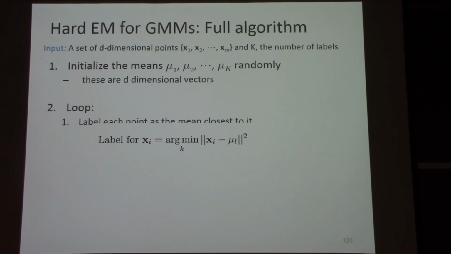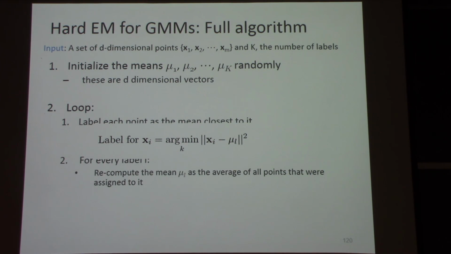For every point, it turns out if you actually do the hard EM, the label for the point is simply the identity of the cluster center that is closest to that point. Every point gets a certain label. And then you just iterate. You have a collection of points, and the first step says point number 1 belongs to cluster 4, point number 2 belongs to cluster 3, and so on for all the m points.